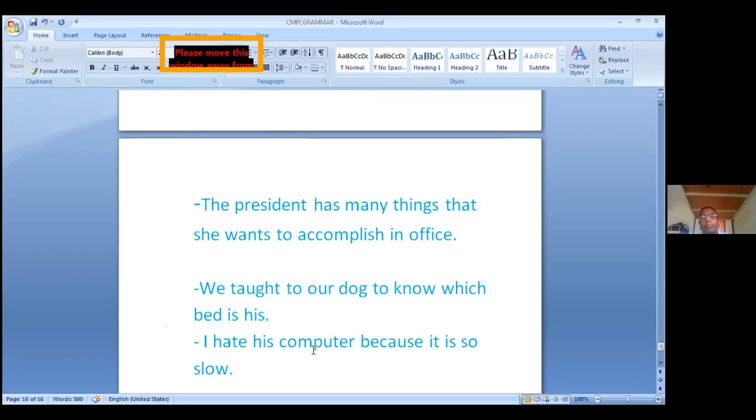This computer is a thing. And what the rule says, if the noun names a singular place, thing, or non-domestic animal, then we must use the third person neuter pronoun, it. It is a neuter pronoun.